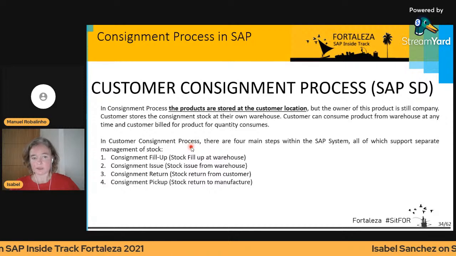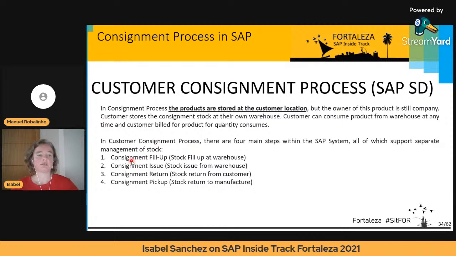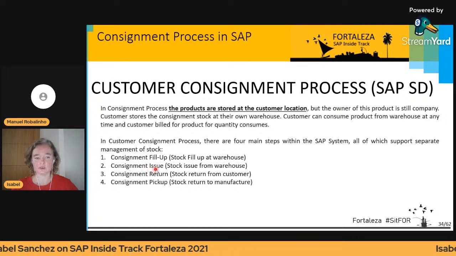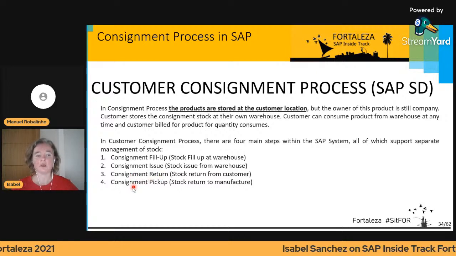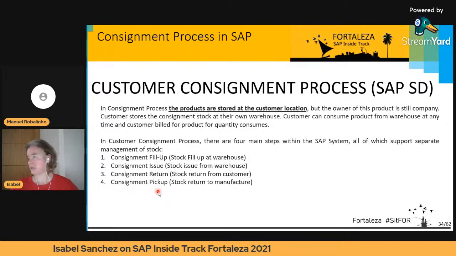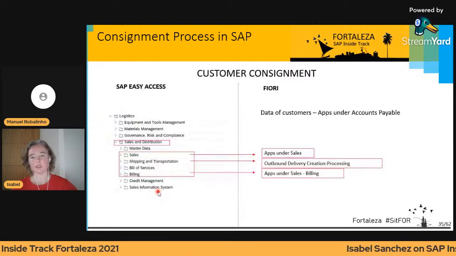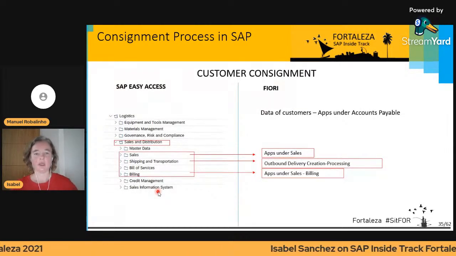There are 4 main steps in the SAP system. First step is fill up. Second step is consignment issue. Third step is consignment return. Fourth step is consignment pickup. Each has its own process that we will see in detail later.